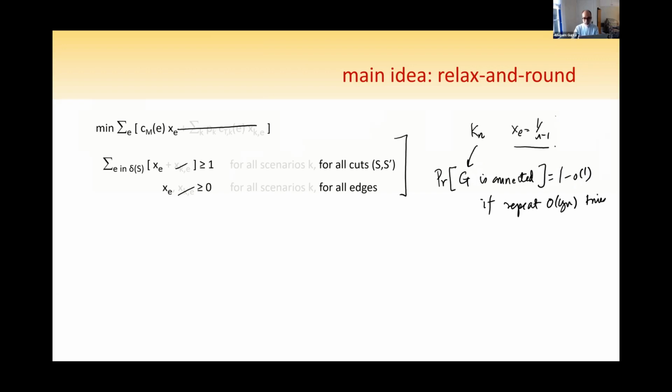But sampling every edge with this probability log n times is kind of like sampling every edge with probability log n over n minus 1. In fact, I'm cheating, it's C log n, some constant times log n. Now, here's the fact that you might know.